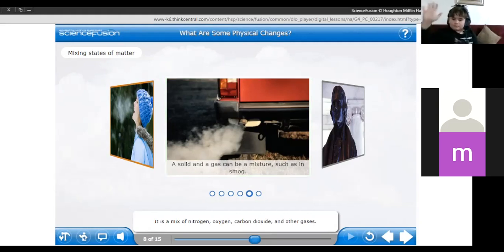Why is the atmosphere like a mixture? The atmosphere, the air. Muhammad? Why is the atmosphere around us a mixture? By mixture, I mean it consists of many gases. Like what?